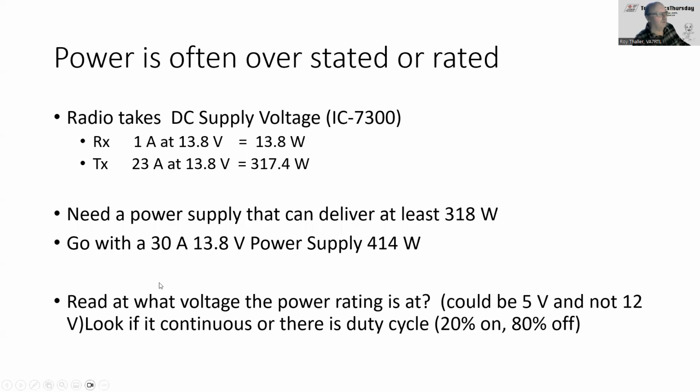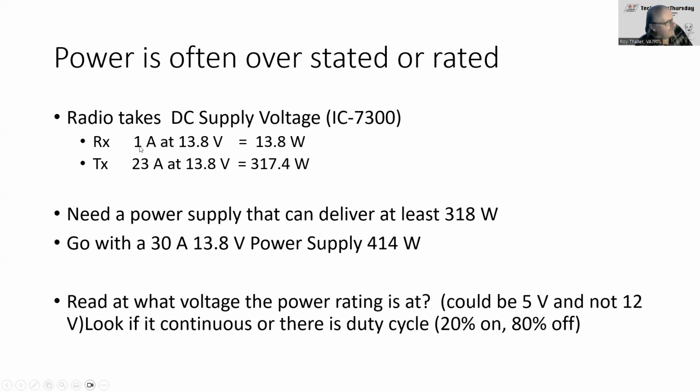But here's an example. Quite a few. It can change quite a bit depending if you're receiving or transmitting. So let's say we look at an ICOM IC-7300, operating at 13.8 volts. And when we talk about batteries, we'll see where this 13.8 volts came from.